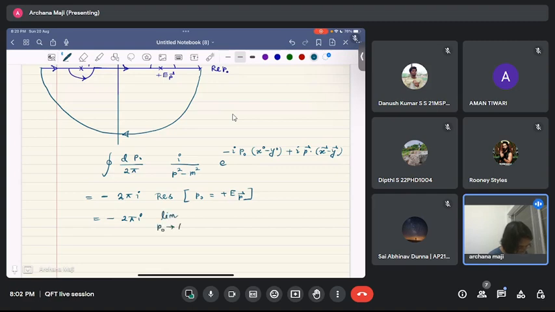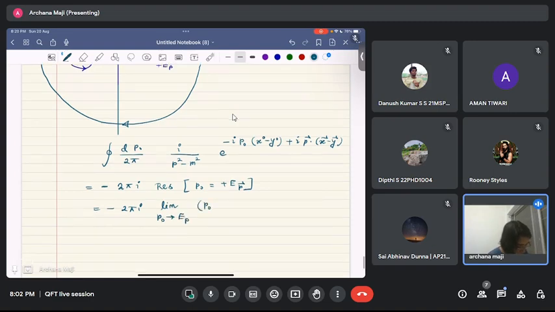the limit of p0 becoming Ep, of p0 minus Ep, i divided by p0 minus Ep times p0 plus Ep, then the exponential.